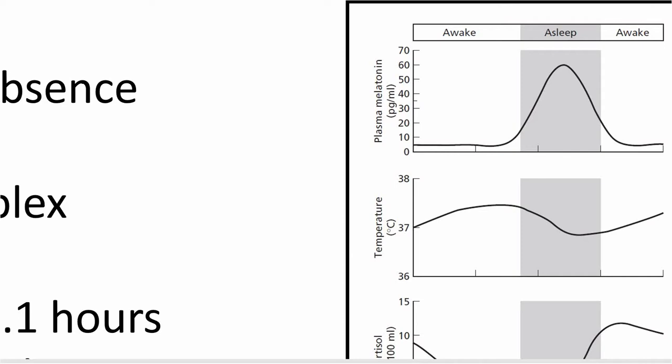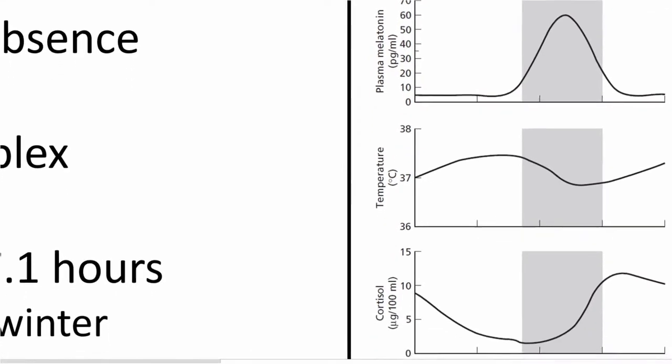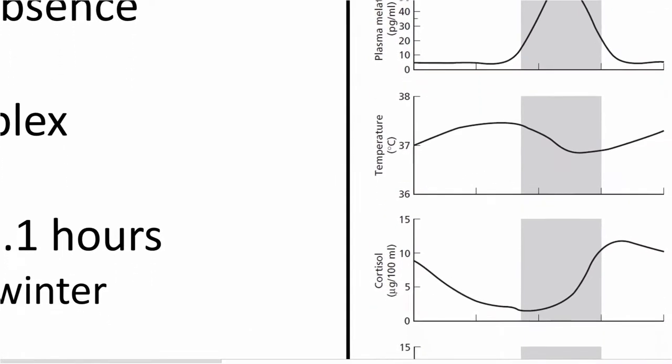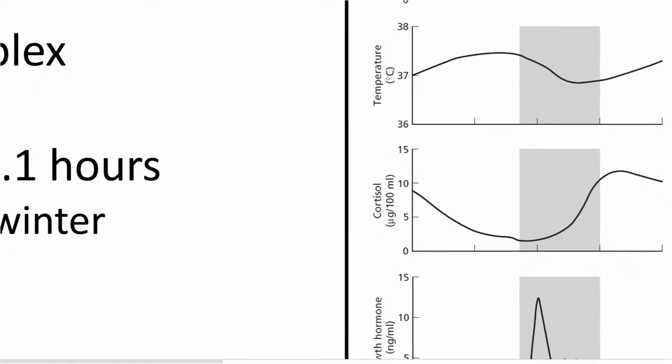The dark area shows when the person is asleep. So when you're asleep, your melatonin goes up, temperature drops towards the end of the night. Your stress hormones start to rise throughout the sleep. So in the morning, they're the highest.